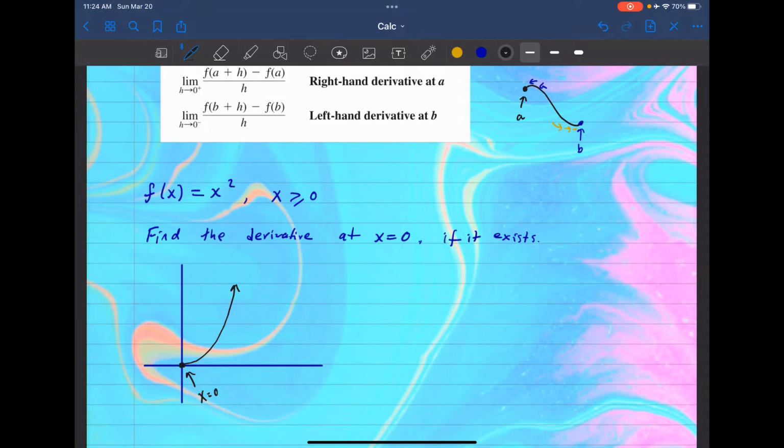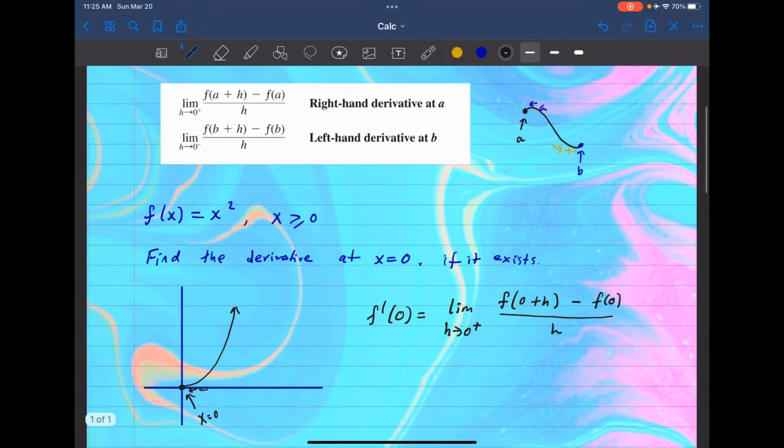Because we can only approach from one direction, which is from the right, approaching 0 this way, the derivative at 0 is a one-sided limit. So it's the limit as h approaches 0 from the right of f of 0 plus h minus f of 0 all over h.